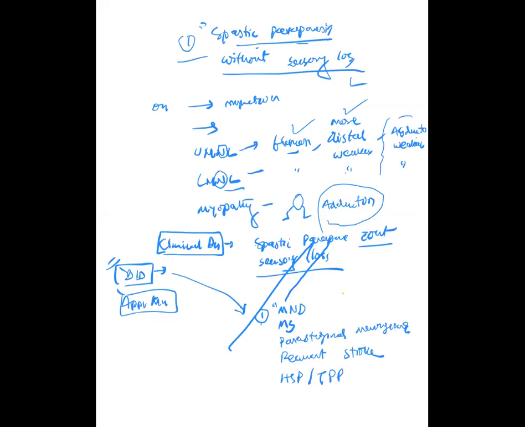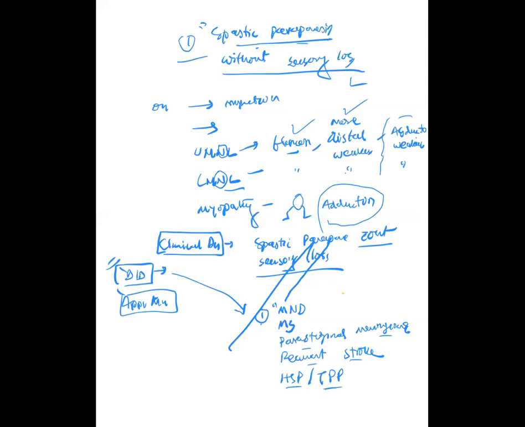So again, this is motor neuron disease, multiple sclerosis, parasagittal meningioma, recurrent stroke, hereditary spastic paraparesis, and tropical spastic paraparesis. So those are the common causes. Yes, sometimes in case of tropical spastic paraparesis, you can find the sensory sign, but not always.